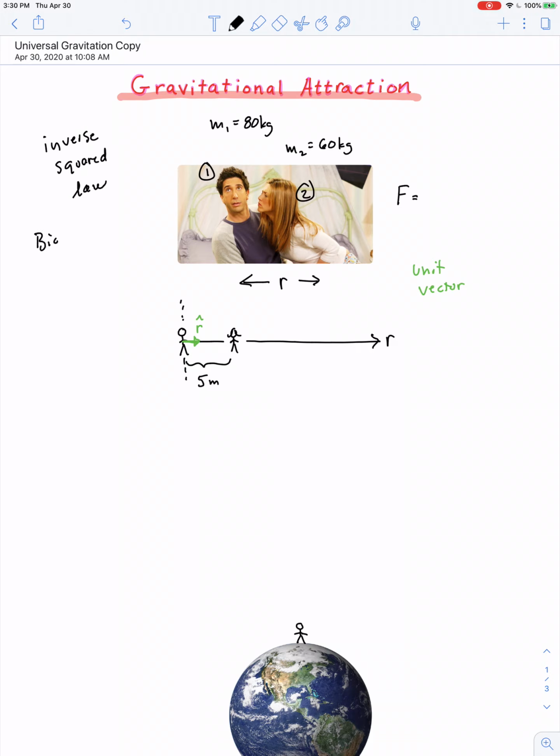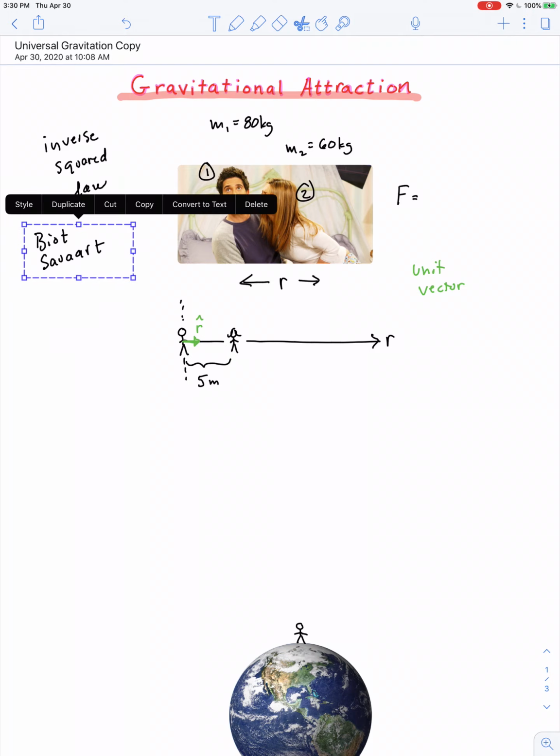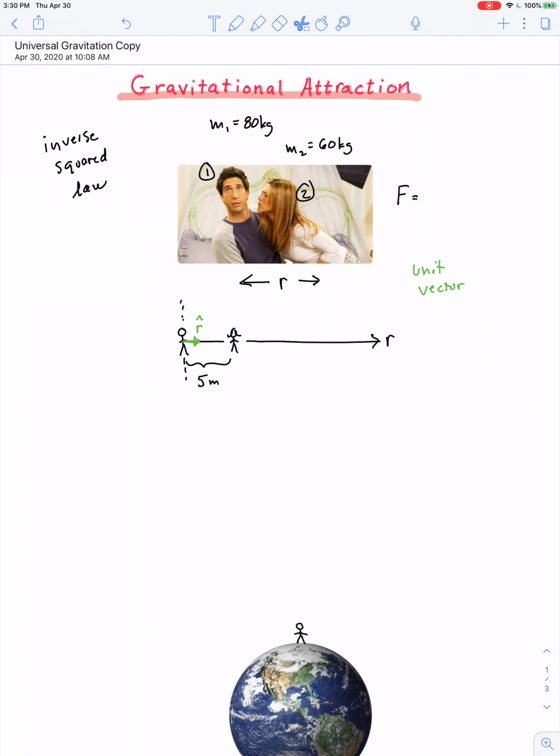Spell that one out: Biot, Savart. That's a law that describes the force of interaction between moving charges, and therefore gives us a way to calculate magnetic forces. Anyway, Newton's law of universal gravitation is an inverse squared law also.